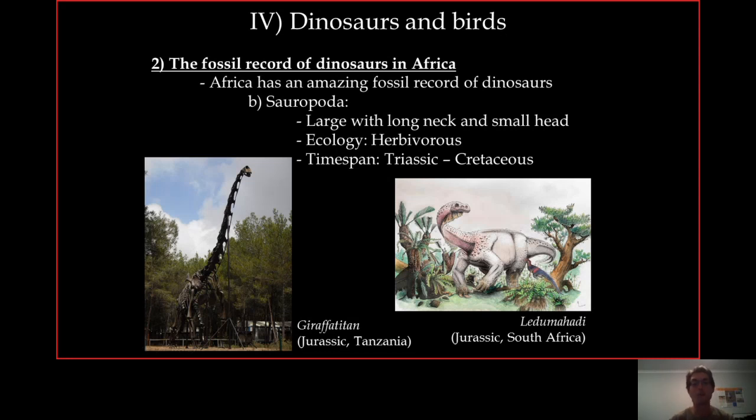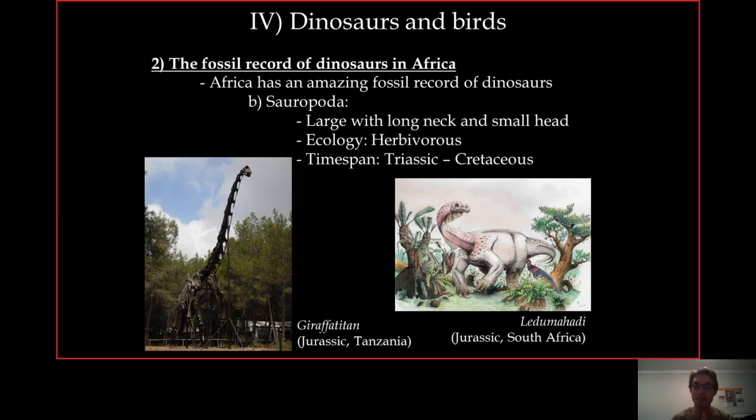They are usually very, very big, with a very long neck and a very tiny head at the top of it. You find them all over the world, including Africa, and particularly you find one example in South Africa, which is Ledumahadi mafube, the thunder dinosaur of Africa.